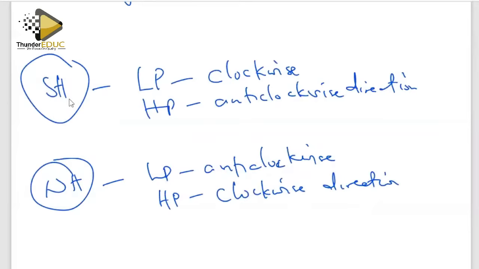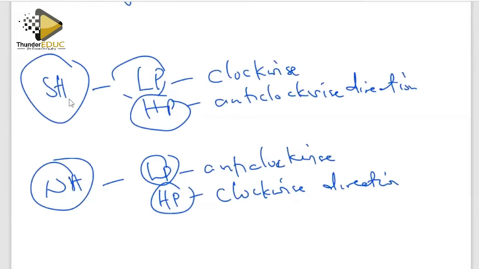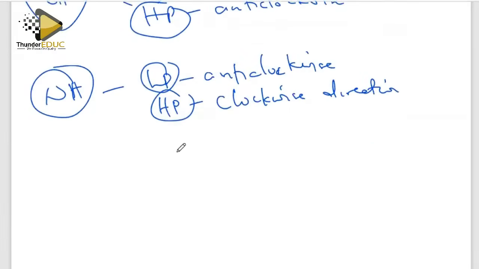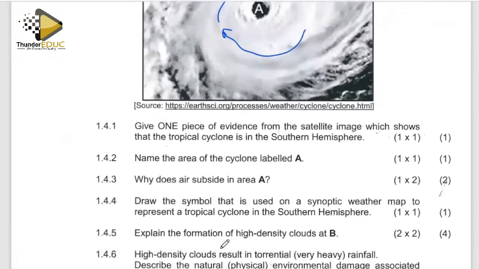That's the difference between the northern hemisphere and the southern hemisphere in relation to circulation into the low pressure cell and out of the high pressure cell. It's the opposite of each other. So in this situation, our tropical cyclone is a low pressure cell and the circulation is clockwise in the southern hemisphere. Right. We move on to the next question.